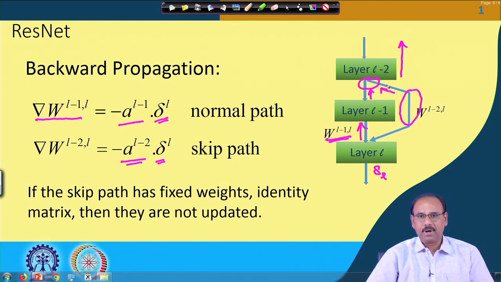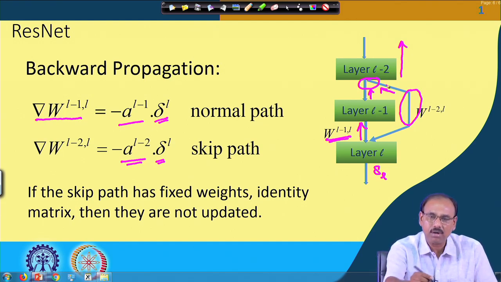And it is the skip path which helps in avoiding the problem of vanishing gradient, because from the previous layers the gradient is directly passed to the other layers in the backward direction. So this is how the vanishing gradient problem can be tackled using the residual network or ResNet.